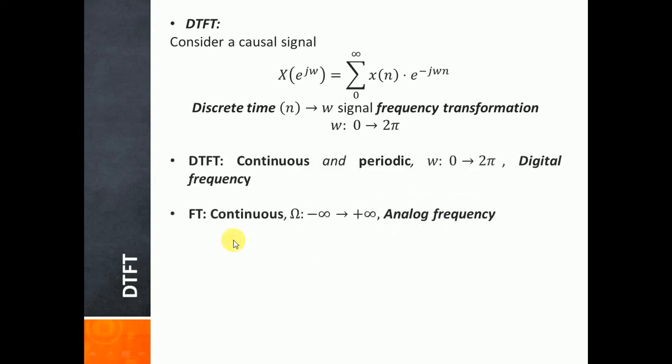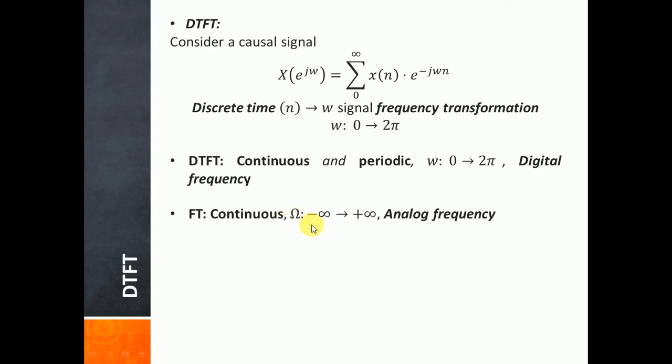So in DTFT you have a continuous and periodic waveform in the frequency domain, where omega ranges from 0 to 2 pi, and this is sometimes referred to as the digital frequency. Now compare that with the Fourier transform. A lot of the books in fact don't use this small omega, they use this capital omega sign.